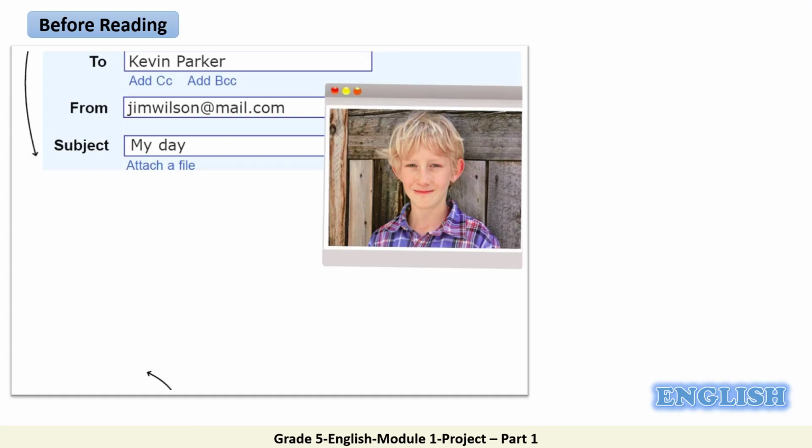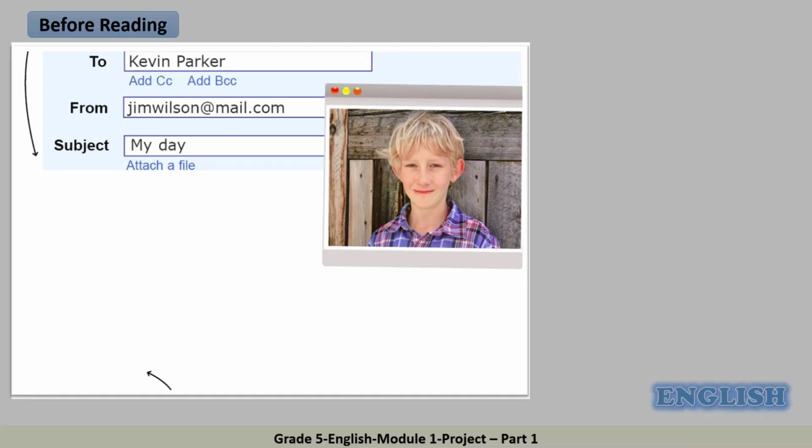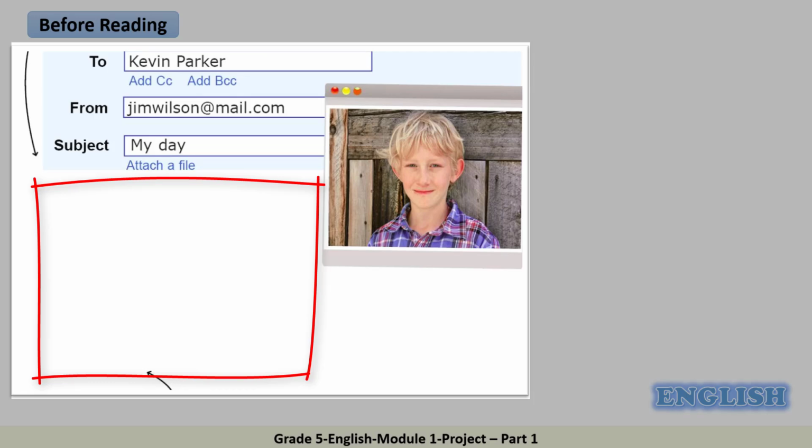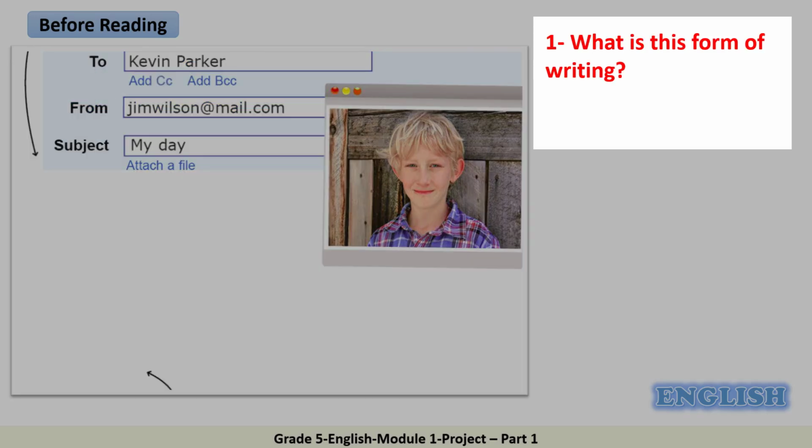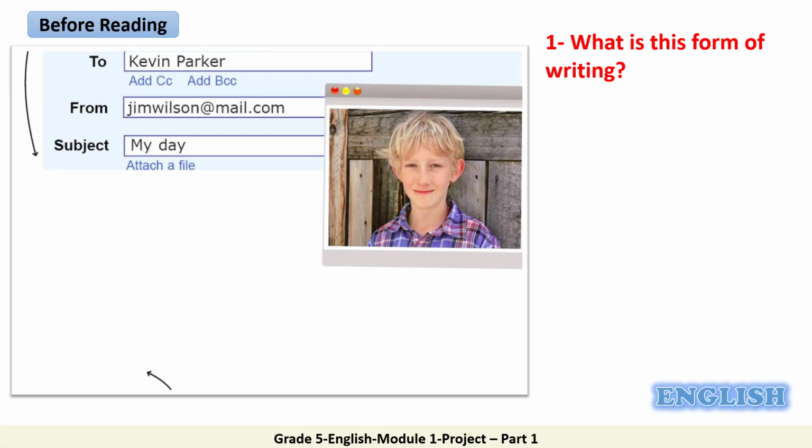Now keep your books closed and look with me here. This is a form of writing, my friends. And here is supposed to be the text. And up here, you can see it's sent from someone to another. So the question here is, what is this form of writing? Let me help you.